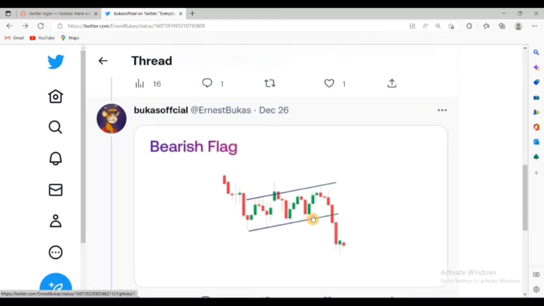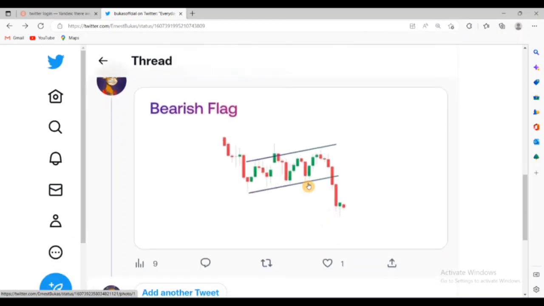So you will draw it like this when this particular trend is building up. Then you place your entry below here, waiting for a breakdown to occur. When a breakdown occurs from this level, then you enter the trade and you continue the downtrend.